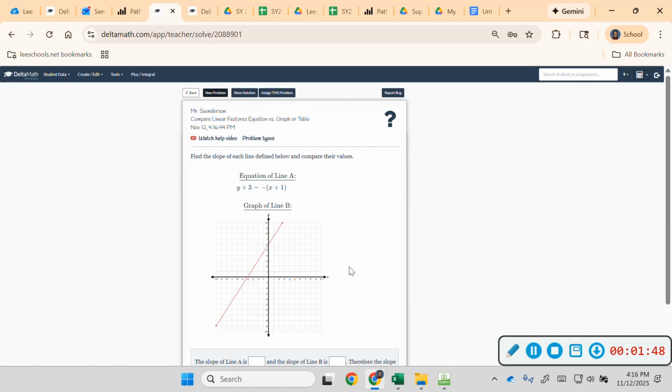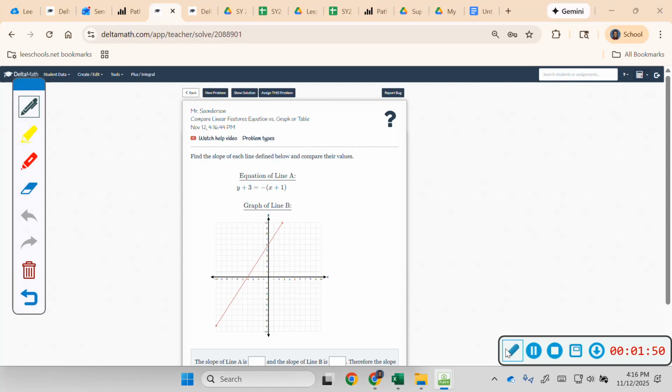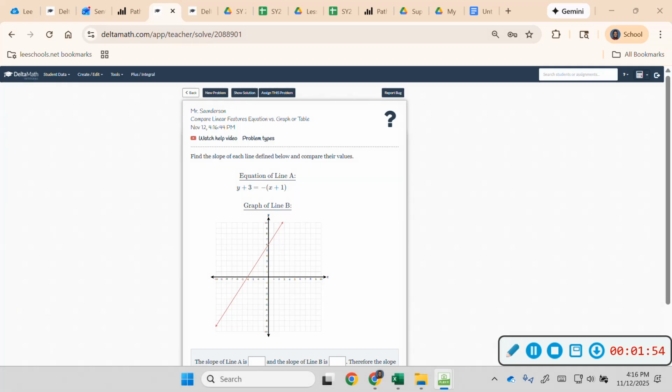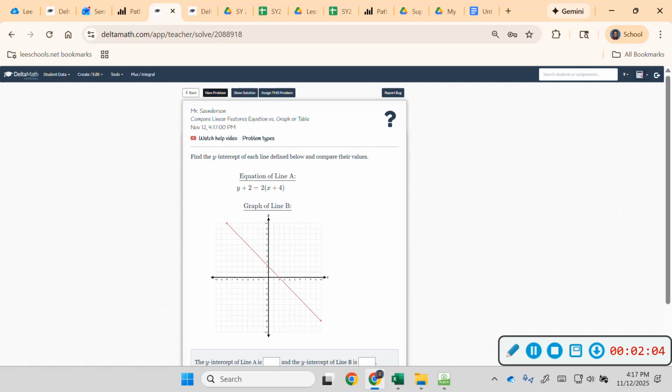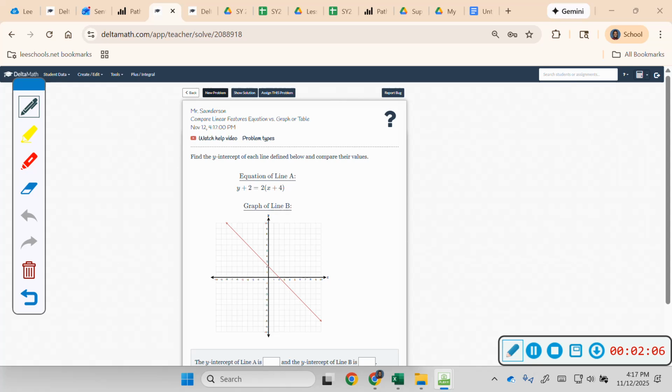Let's try another one. Again, guys, we're going to write it from point slope to slope intercept by distributing. Let me see if there's another one with a different leading coefficient. Like this one, distribute the 2, so y plus 2 is equal to 2x plus 8.